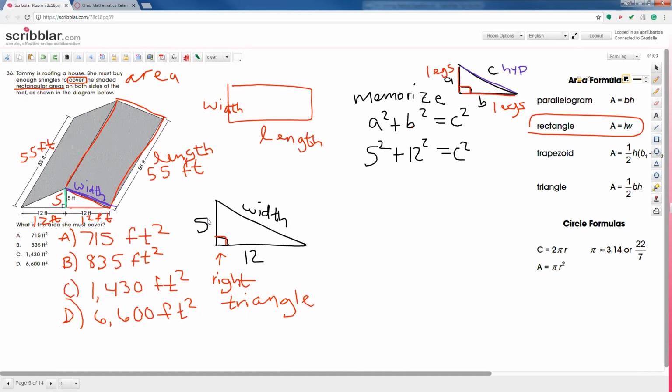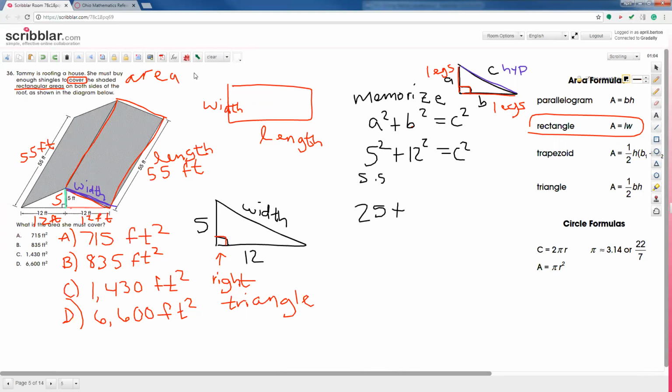To solve this, we have to follow order of operations again, but we're also going to have to do some opposite operations. When we follow order of operations, we do the exponents before any addition. 5 squared is the same as 5 times 5, or 25.